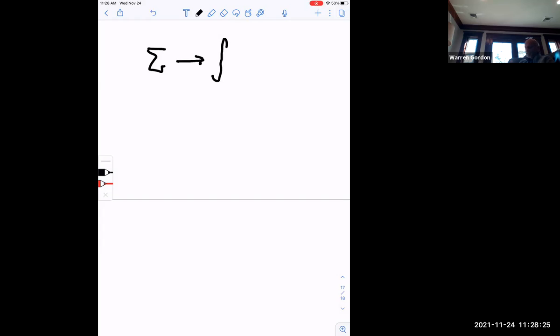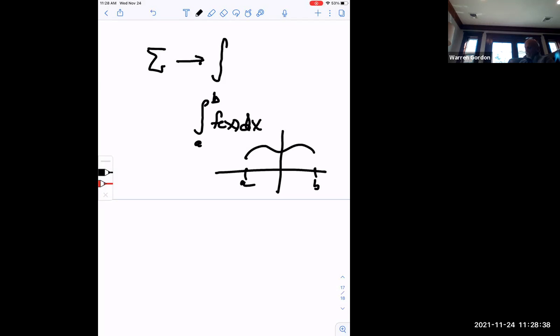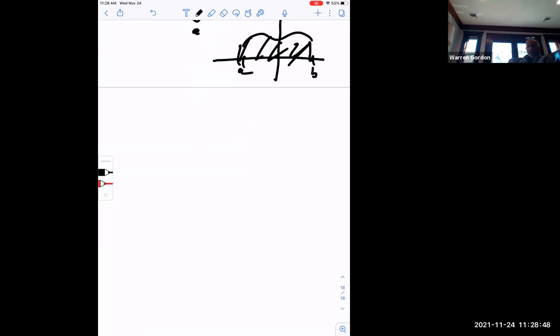So an integral, for example, an integral from a to b of f of x dx, if f is a non-negative function, can represent the area of this region. And we all have that in our basic calculus course. And you all remember how to do some basic integrations. If you don't, please remember, you're going to need it in doing some problems.